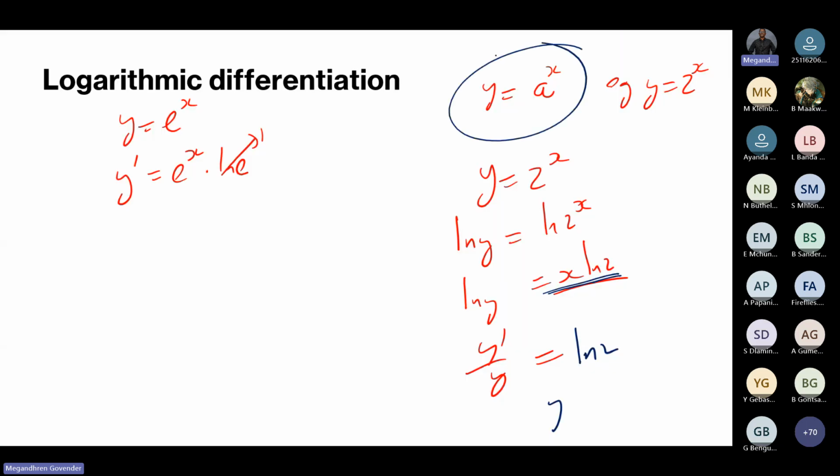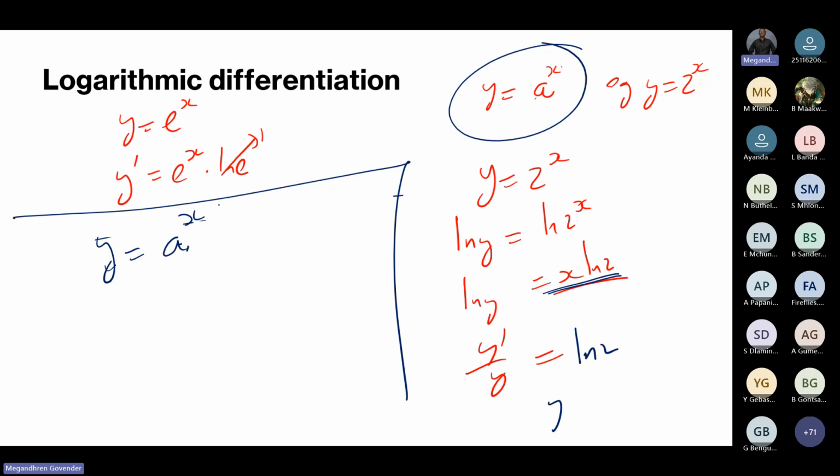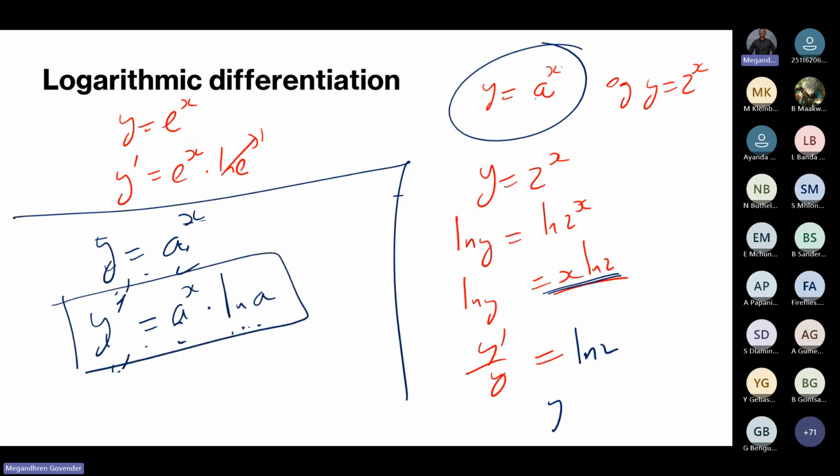If y equals a to the power x, watch this, it is very important, then the derivative y prime is going to be a to the power x times ln of a, where a has to be a positive number. It is very important that a is positive, because I can't take the logarithm of a negative number. So that's something new, and it's something that we need to know for the exam.